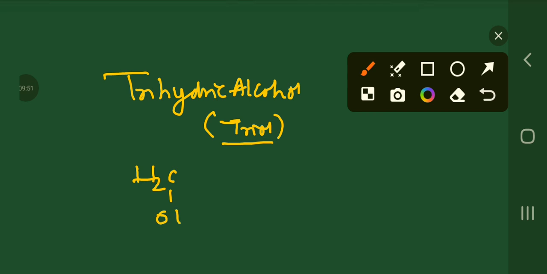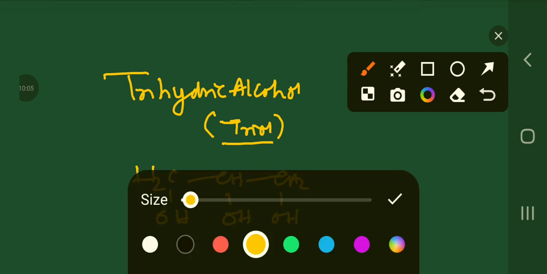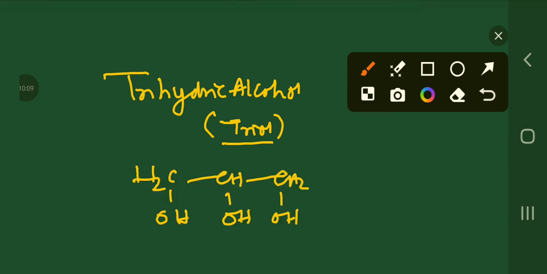The example that we are taking, propane-1,2,3-triol, you can easily write the IUPAC name, but it has commercial importance.